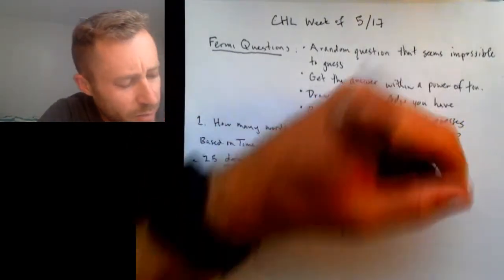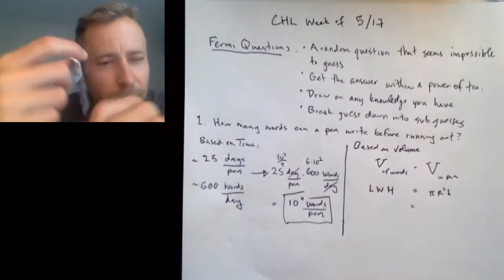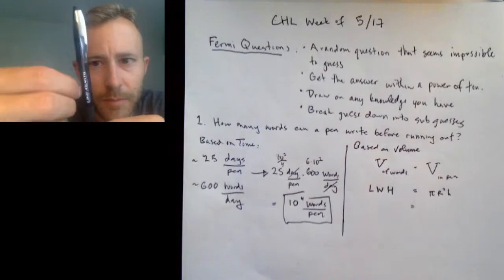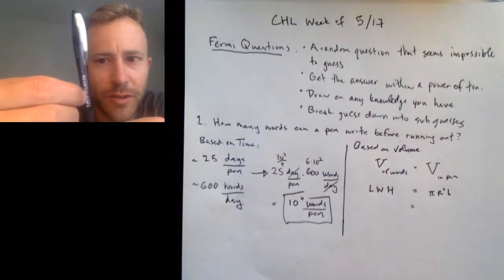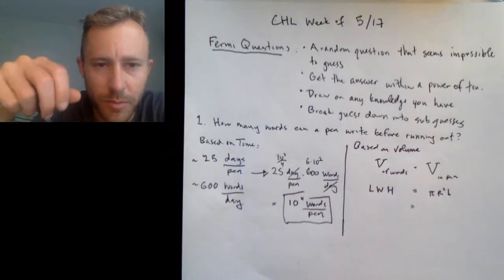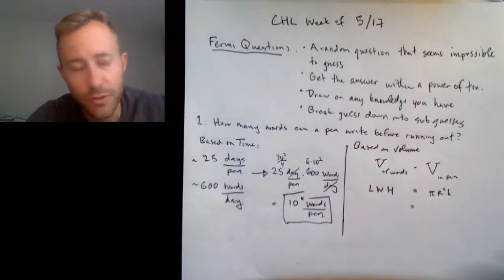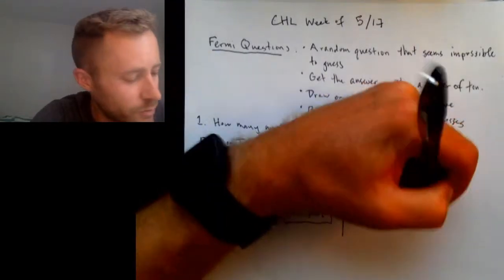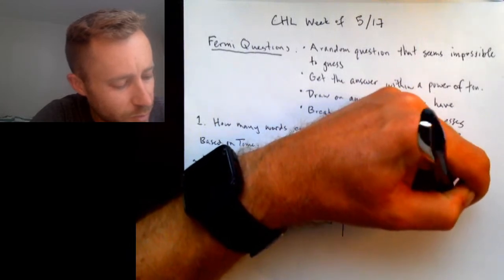So, what would you guys say is the radius of this little tube that is holding the ink? I'm going to say that the diameter of that is about 4 millimeters. So I'm going to say that the radius is 2 millimeters. So that's going to be pi times 2 times 10 to the minus 3.